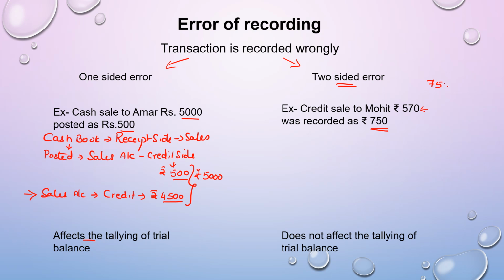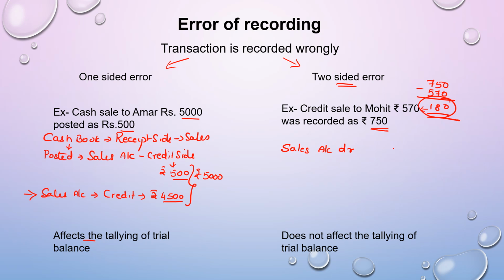So you have to reduce it. Find the difference between the two amounts. You find it is 180 rupees. This 180 rupees has to be reduced from both the sales account and Mohit account. Sales account credit with 750 is to be reduced to 570, so we have to debit the sales account.